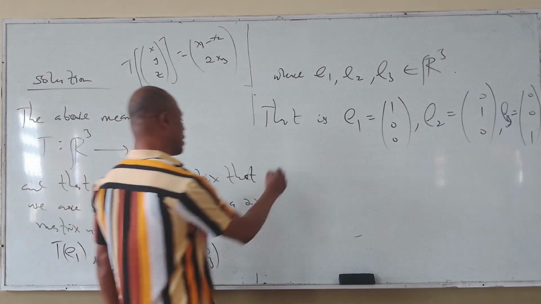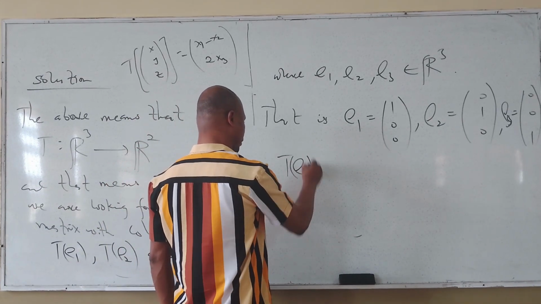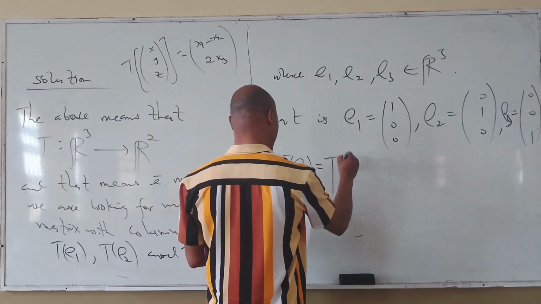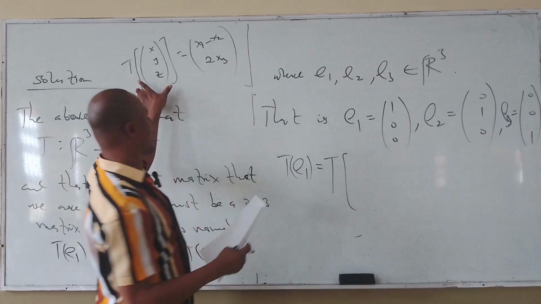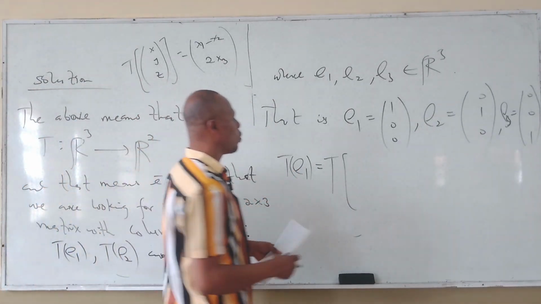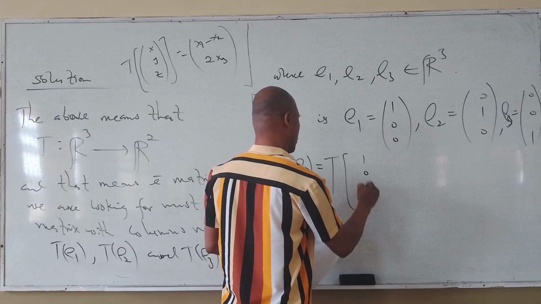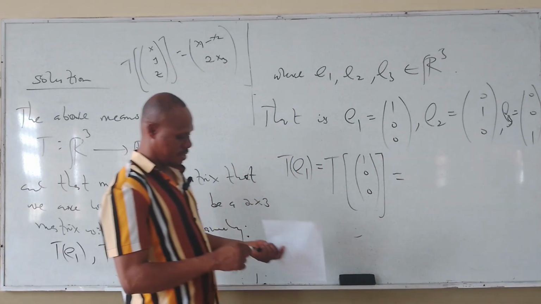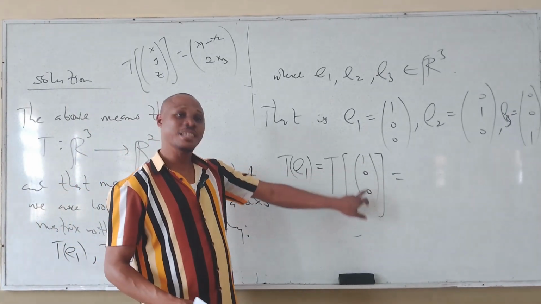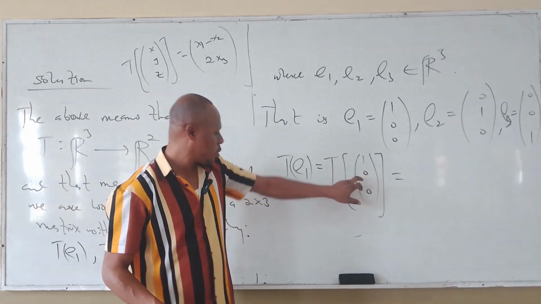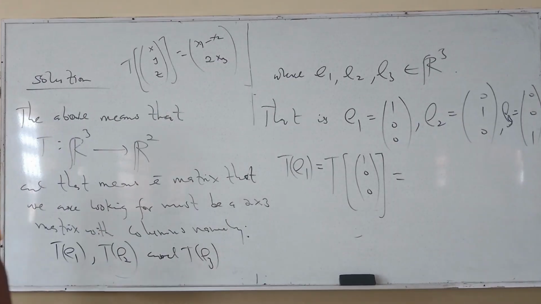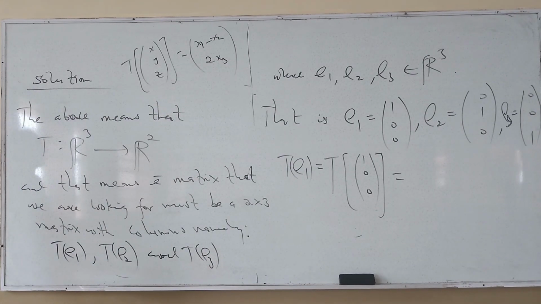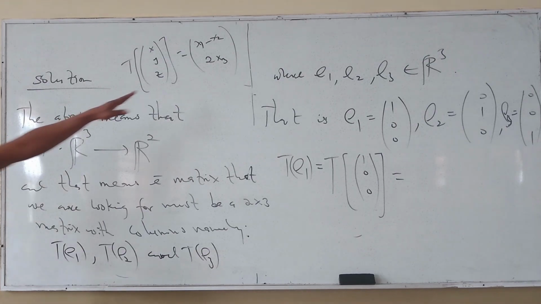So T of U1 will be equal to T of 1, 0, 0. The definition says this will be your x, y, z.